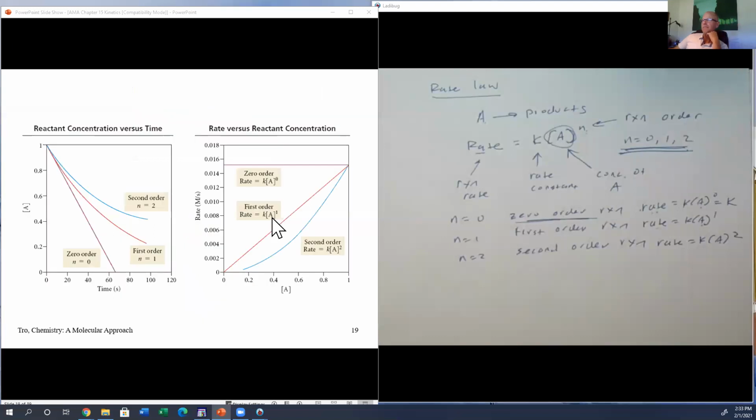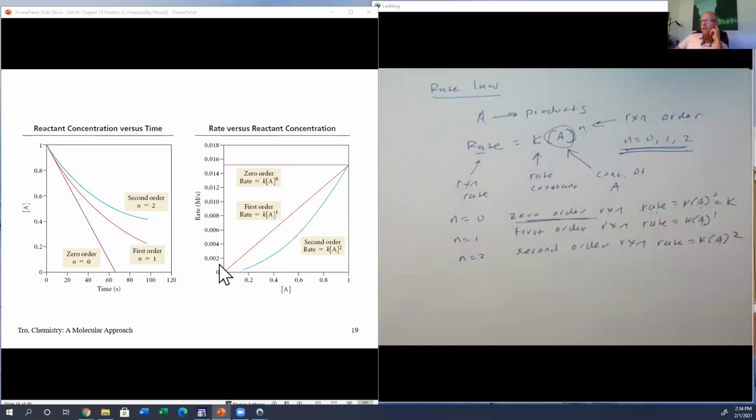Now here I'm going to really throw you in for a doozy. Those of you that had calculus, you'll be able to understand this a little bit better. If you haven't had calculus, it'll be a little harder. But what I've plotted here basically is the slope of this line, the derivative of this line on this plot, right? And remember, the derivative is the slope, right? Is the rate, right?